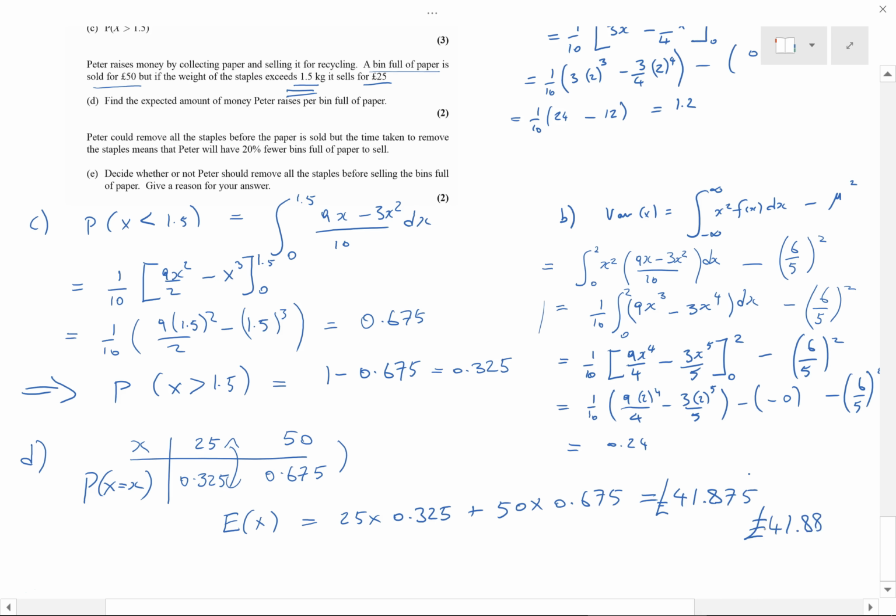I don't think we need to be too concerned about that. So in the long run, that's what we would get. So that's a couple of marks for that.